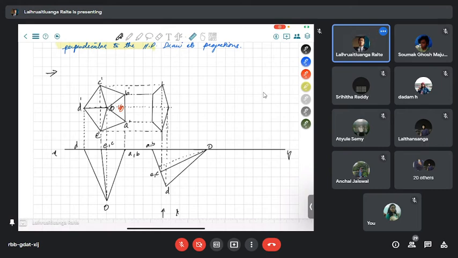And O, same line as this. O is here. So that will be a straight line. From here, it will be a straight line as well. From below, we will have a dotted line.